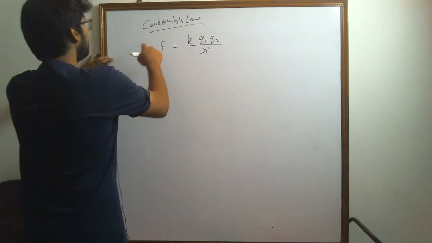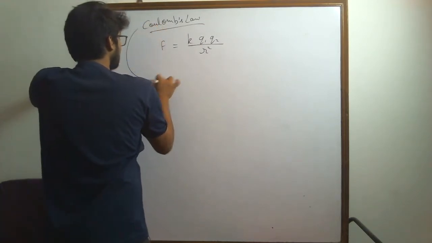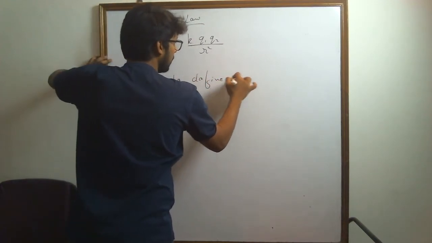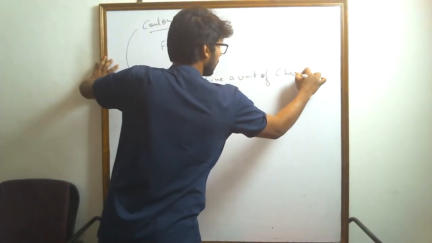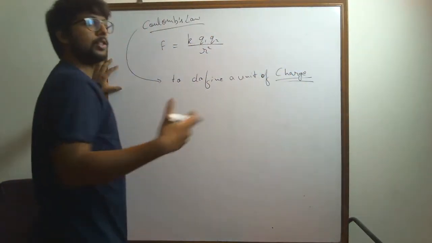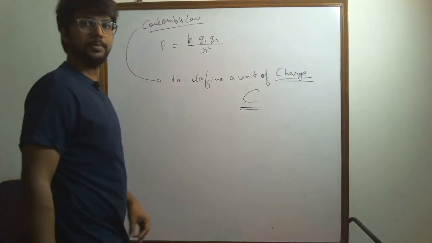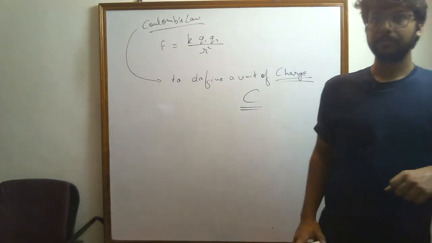So Coulomb's law is very fascinating in this sense, because now I can use this Coulomb's law to define a unit of charge, and the unit of charge here is defined as the Coulomb itself, right? We've named the unit as Coulomb itself, right?